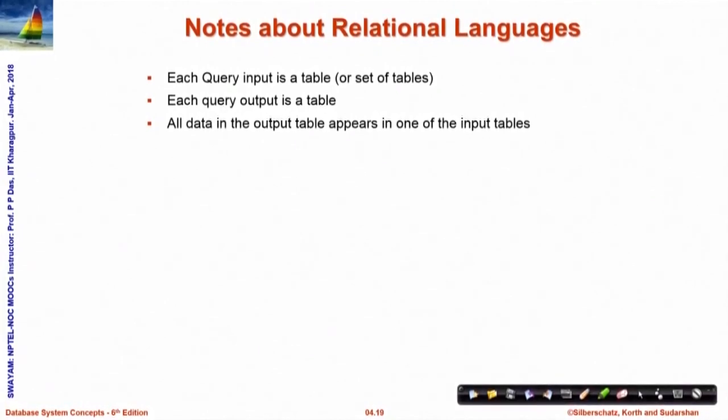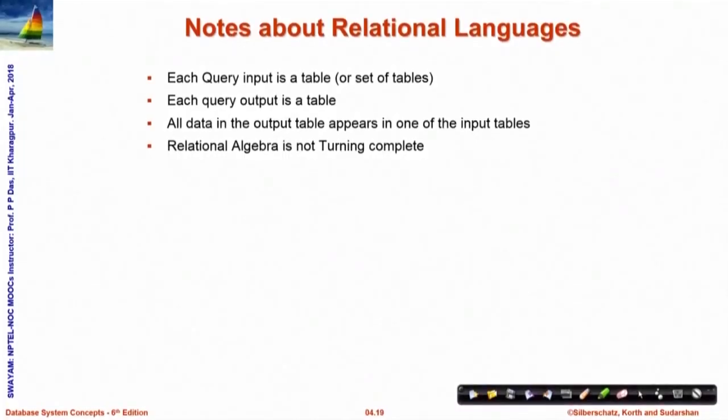It is basically selecting and combining data from different input tables. It does not generate new data. If I see that an attribute for a particular row has a value 15, then there must be some input table where there is a record with attribute value 15 in that field, otherwise this cannot happen.